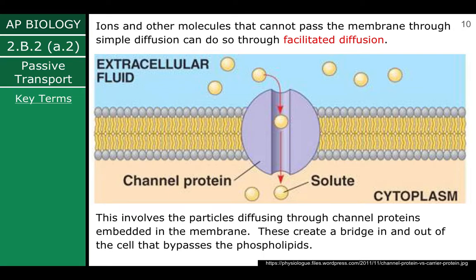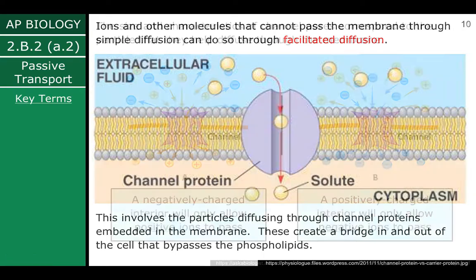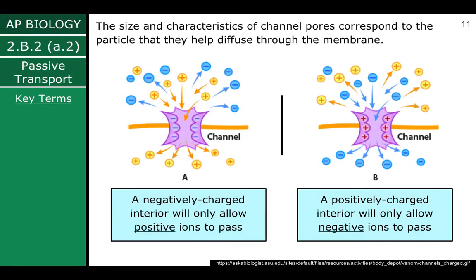Ions and molecules that cannot pass through the membrane like that through simple diffusion go through facilitated diffusion, which does require energy and uses some sort of protein channel. So our protein channels are going to be different in their structure.